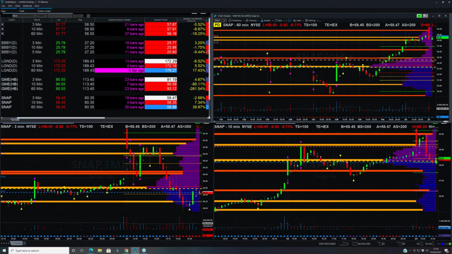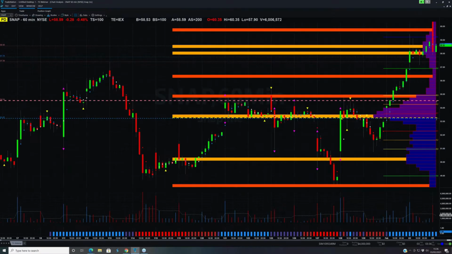So I know already that Snap is at an all-time high, and when I'm talking about Snap, these are general principles, and you would apply this to any stock that is at an all-time high. So let's look at what the 60-minute chart looked like before today.